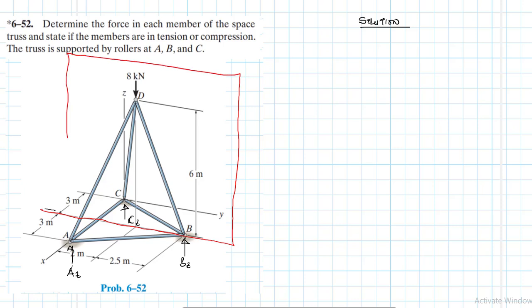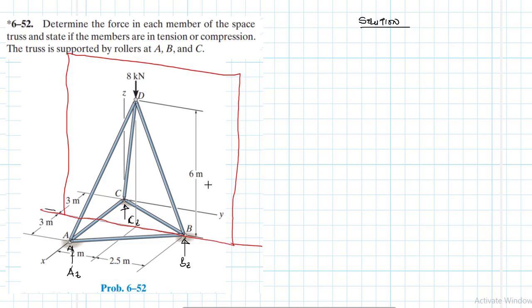So there is symmetry about the YZ plane. Because there is symmetry in the geometry of the space truss, and also the loading is symmetrical, this makes the problem much easier.